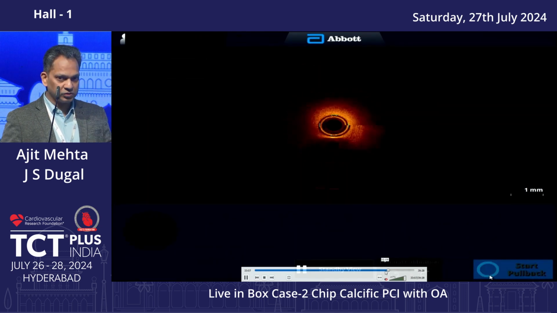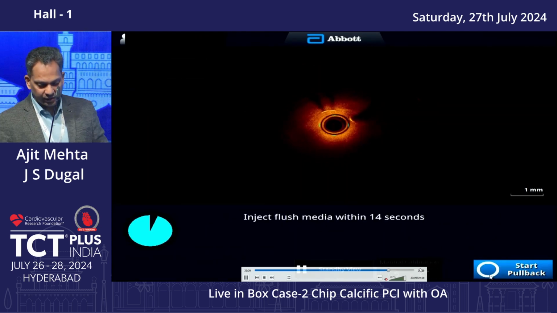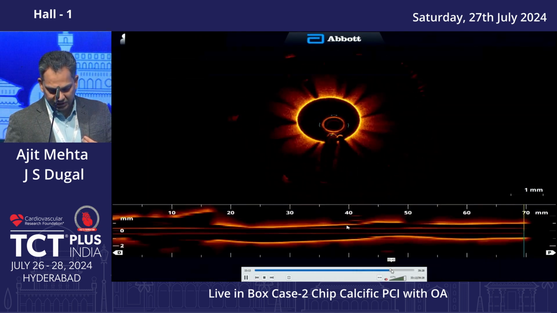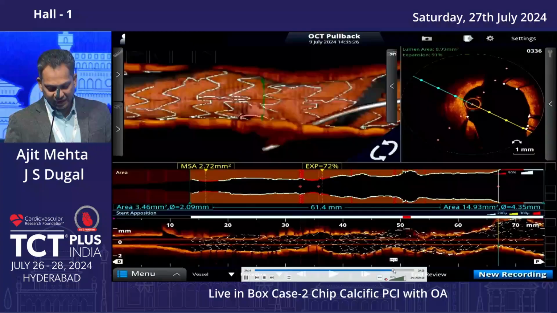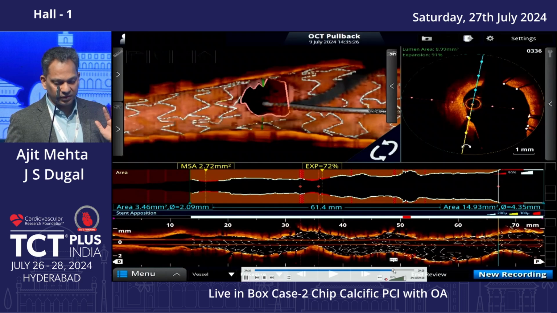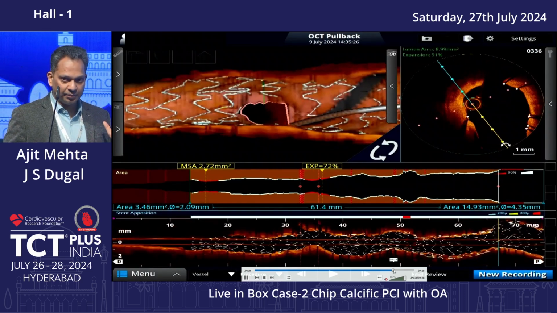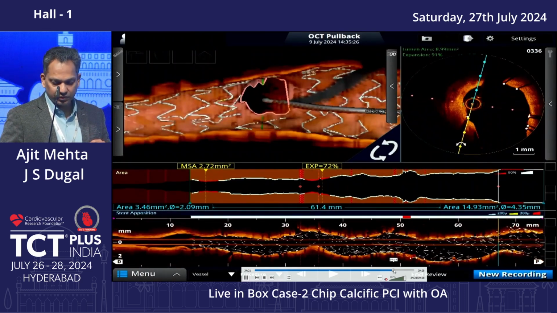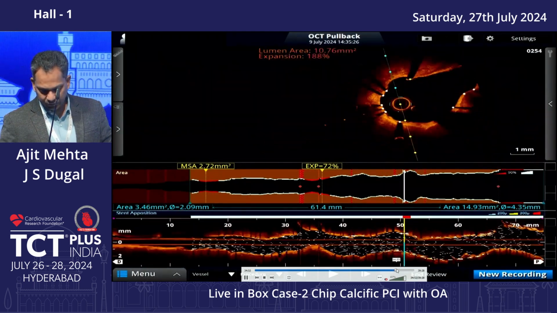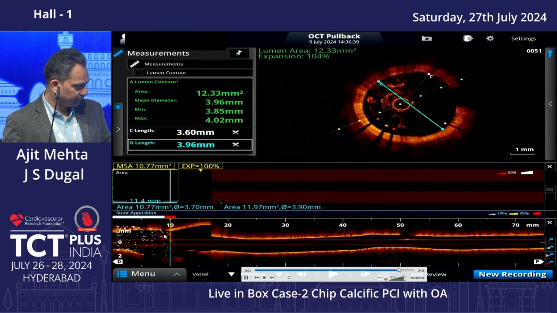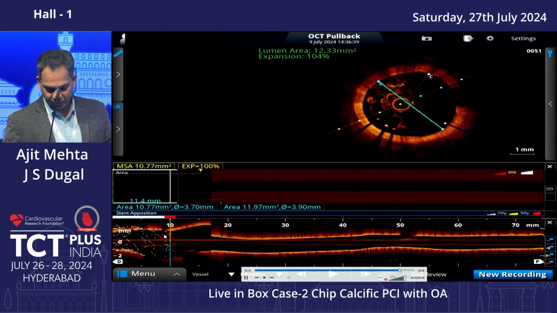We went ahead and did post dilatation with a 2.75 balloon at a higher pressure. There was some malapposition in the ostial part of the left main. We went ahead and blew it further with a 4.5 balloon at a very high 26 atmospheres. So that malapposition was also corrected. And the origin of the circ looks great. Yeah, that looks great. Thank you.